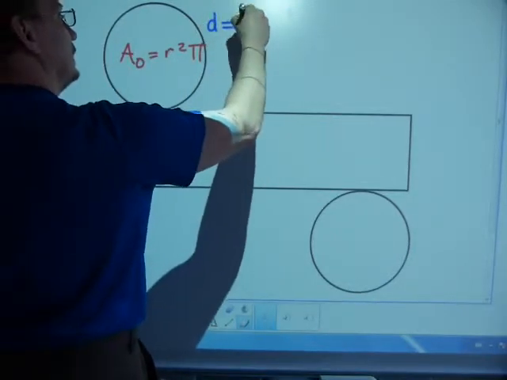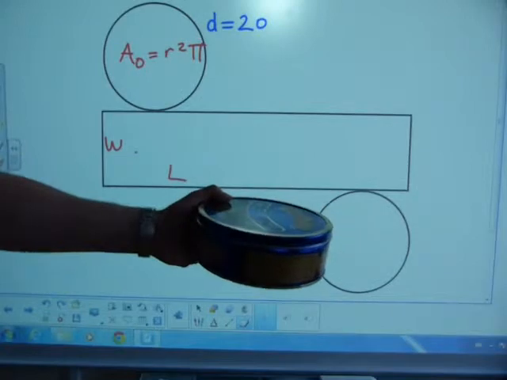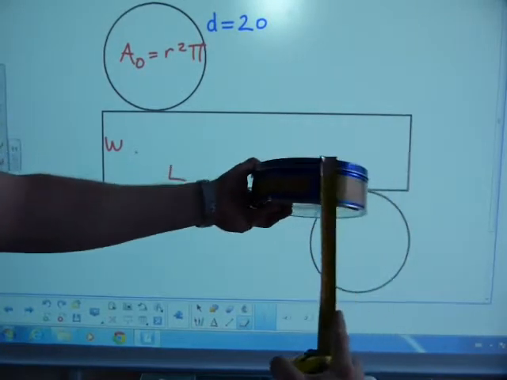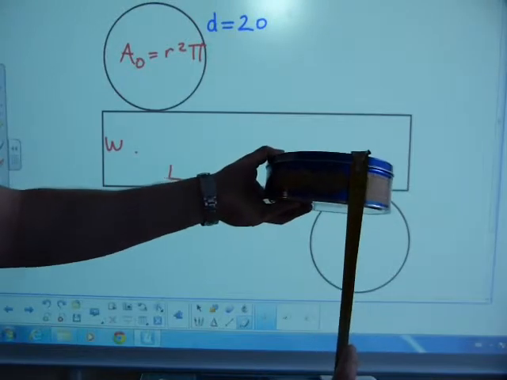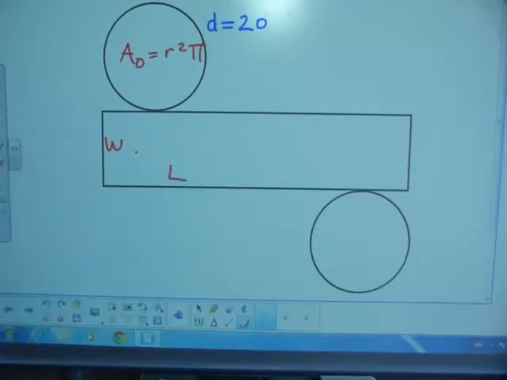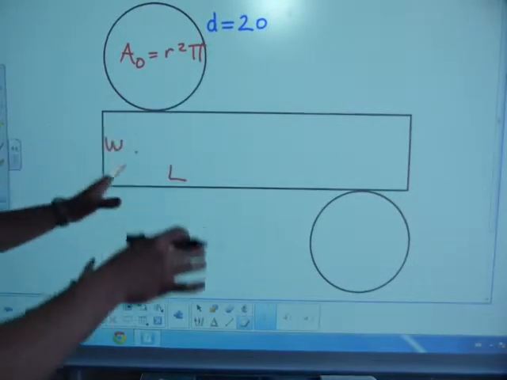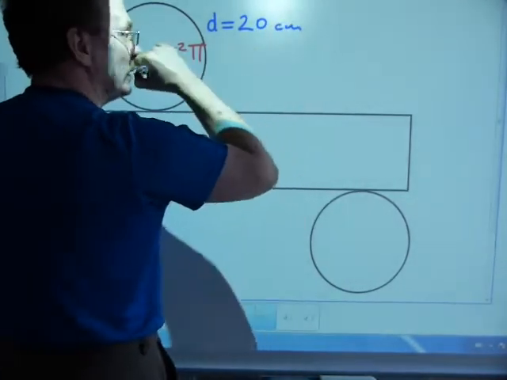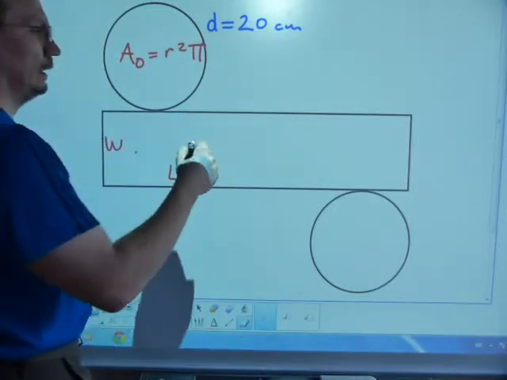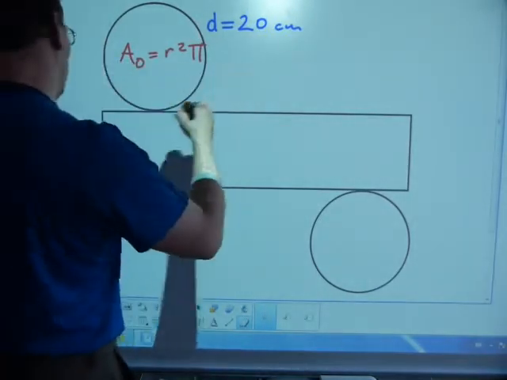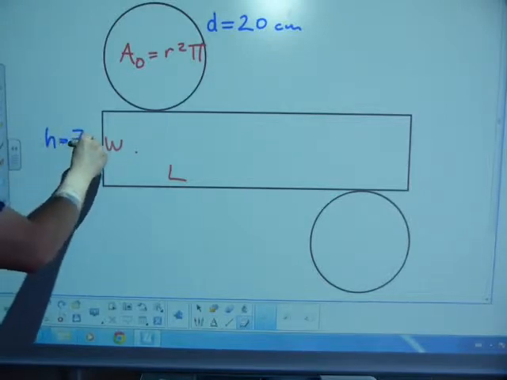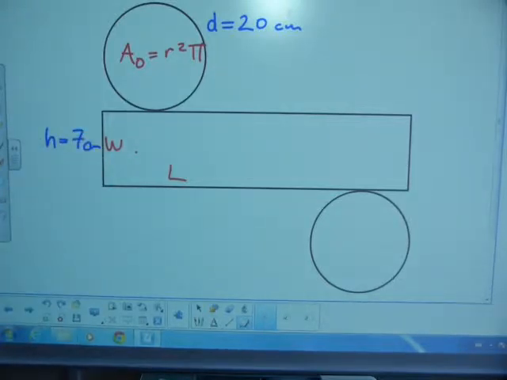The diameter of the cylinder is 20, and the height of the cylinder is 7. How about that? Everything in centimeters, but don't worry about the centimeters too much for now. 20 centimeters. And the height of the cylinder, I'm going to write height of the cylinder, that was 7 centimeters.